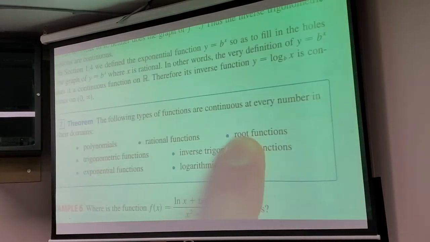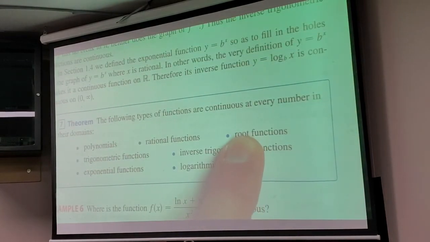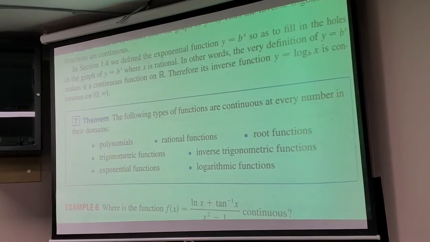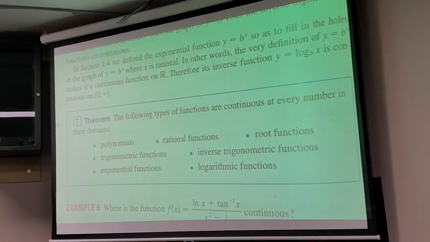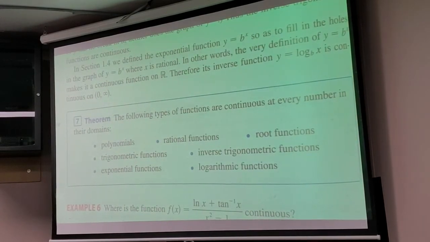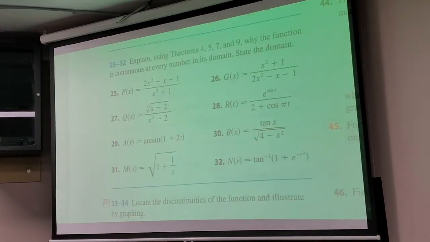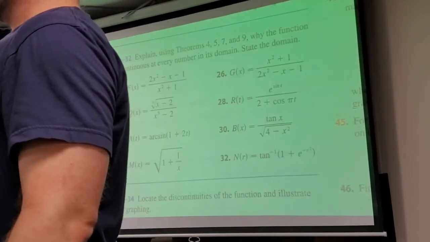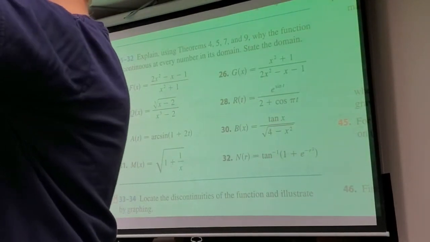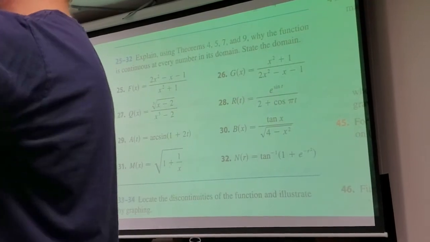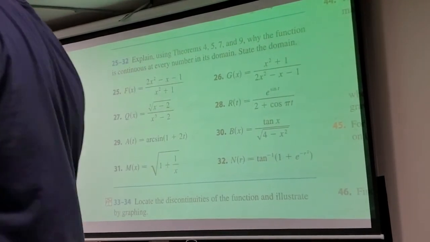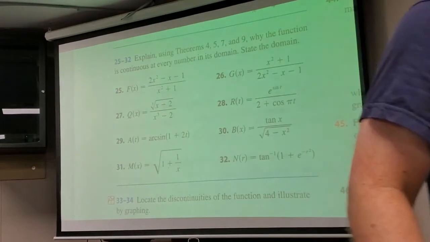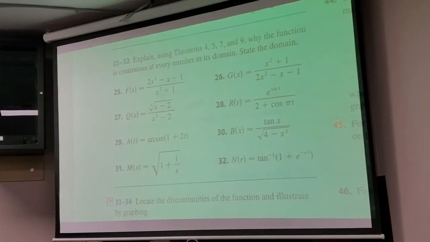Root function's continuous on the domain. And then it's got a function divided by another function, and that's continuous everywhere on its domain where g is not 0. So we just have to explain. Yeah, point to the theorem, say the division is continuous because it's a division of two continuous things. This one's continuous because it's trig. This one's continuous because. So number 6, that we did on the practice test, right?